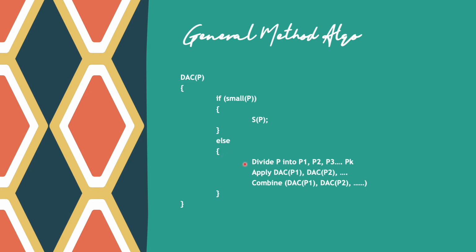We divide the problem into its sub problems, apply divide and conquer to each sub problem, find their sub solutions, and then combine those solutions to get a single solution. So we arrive at the problem solutions in the most efficient manner.